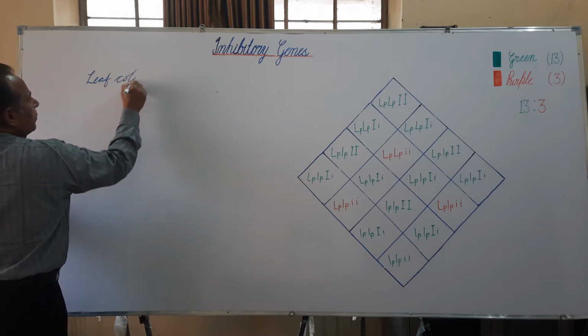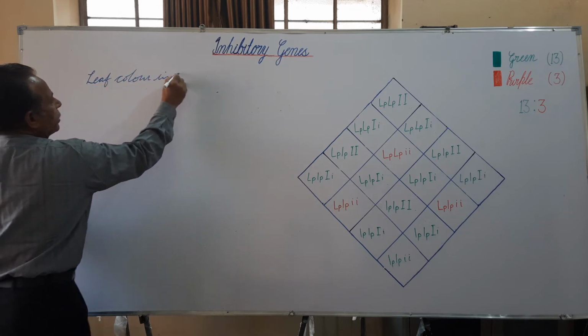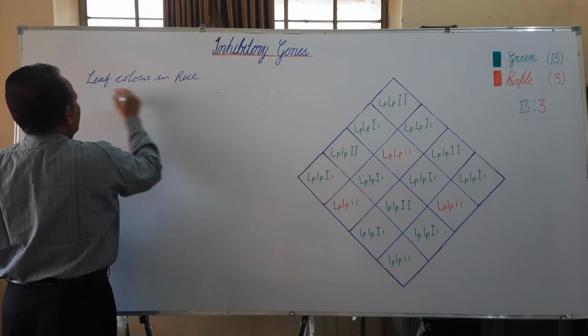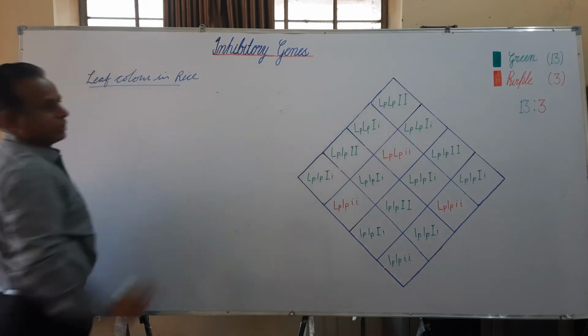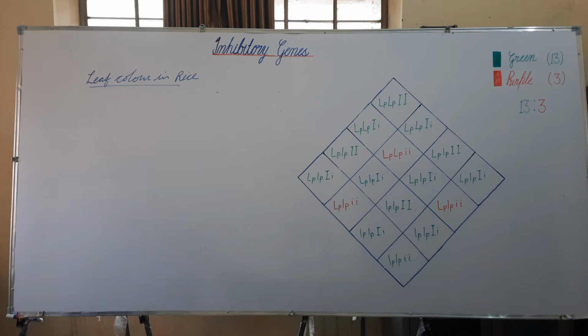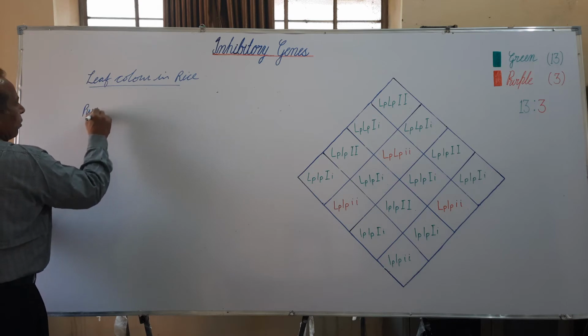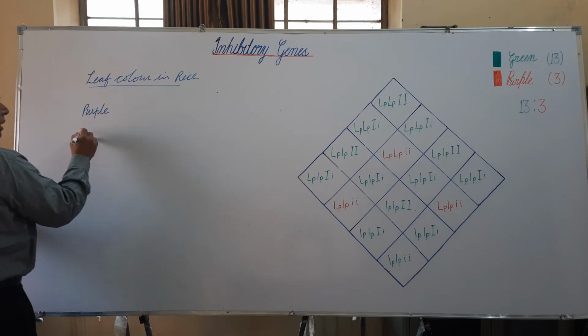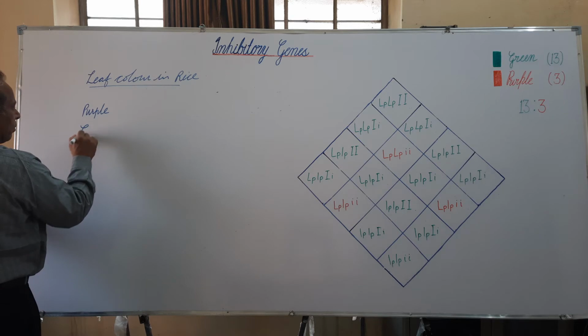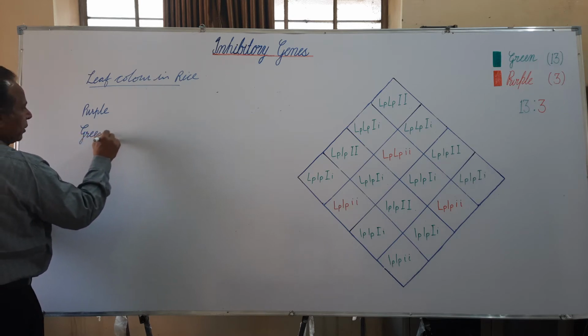Leaf color in rice is a good example of inhibitory gene. The certain varieties of the rice possess the purple color of the leaf and some varieties possess green color.